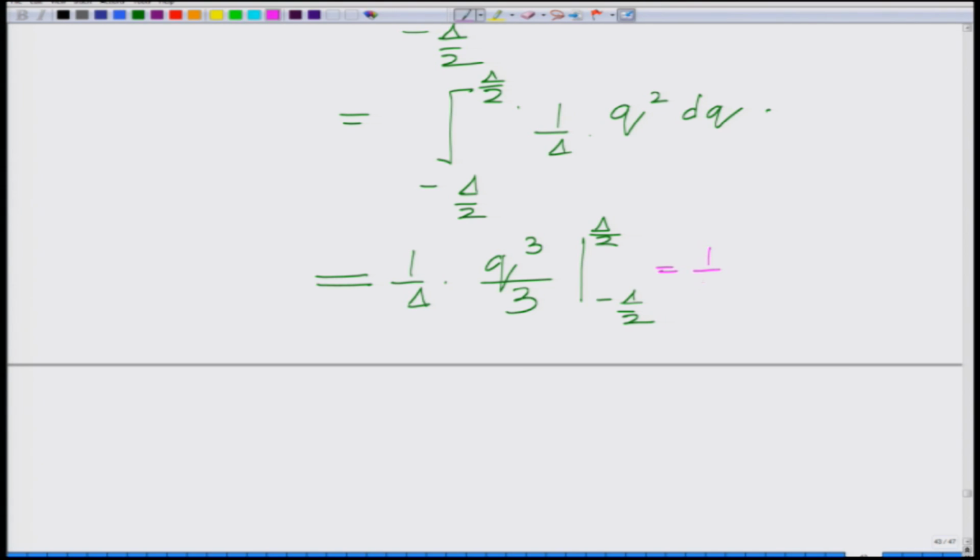That is equal to 1 over delta times twice delta cube divided by 8, into 1 by 3, which is basically equal to delta square divided by 12.